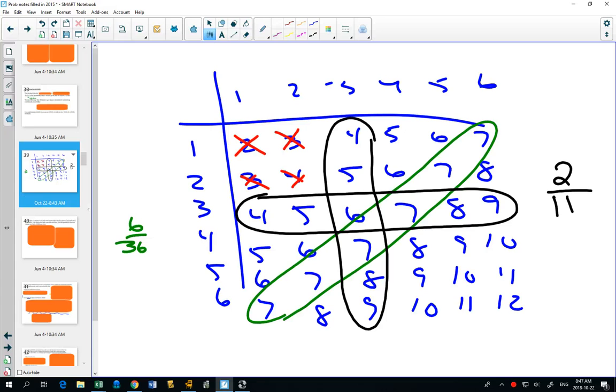But if I don't tell you which die had the 2, the only thing you've been told is that one of these happens. That reduces my sample size to 11, and then my conditional probability is 2 out of 11. Again, is that intuitive? No.